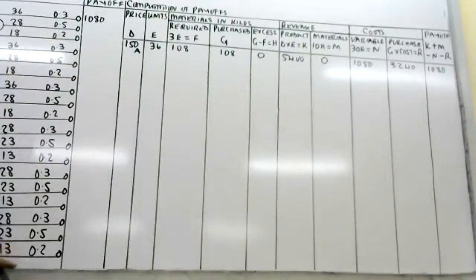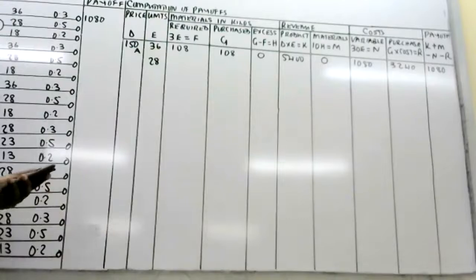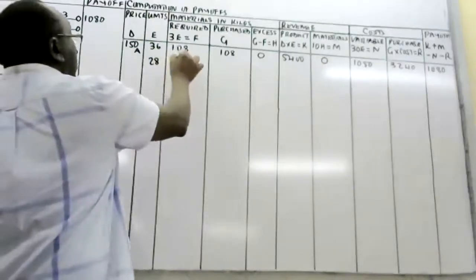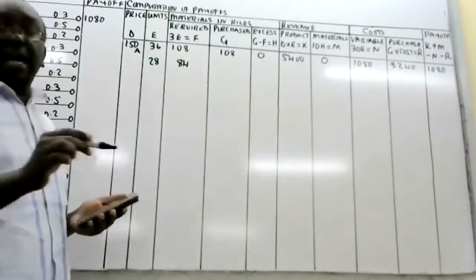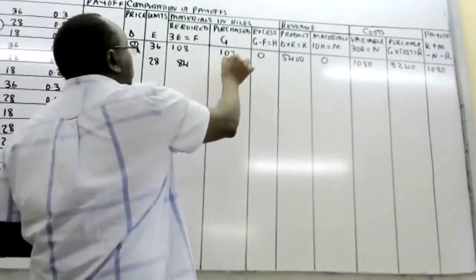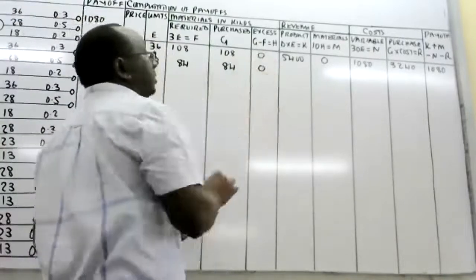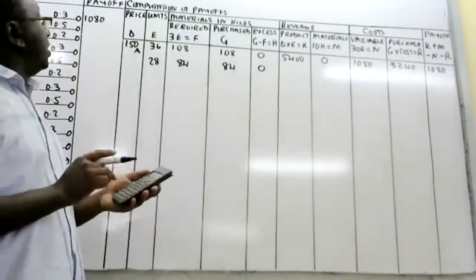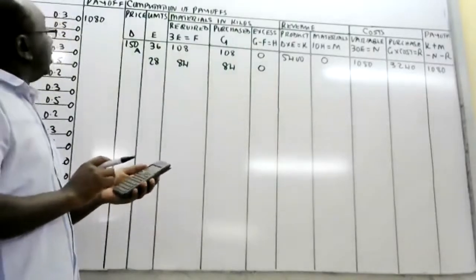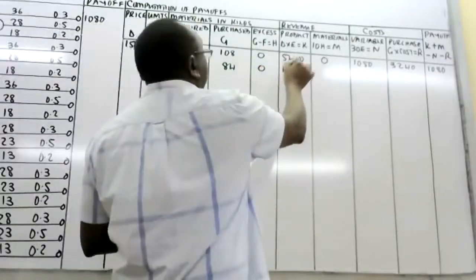Let's compute the next one. The next one is when the units are 28. So 28 times 3 is 84. Because you are still on option A, we just buy the 84, and therefore there is no excess. The revenue will then be 28 times 150, that is 4,200.